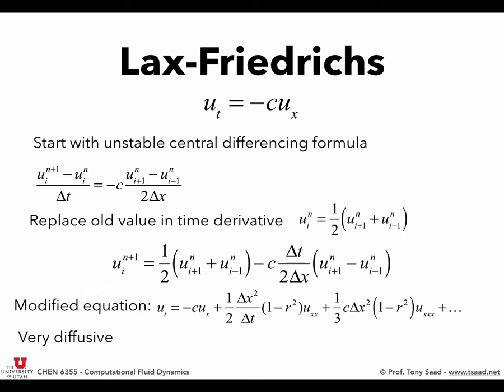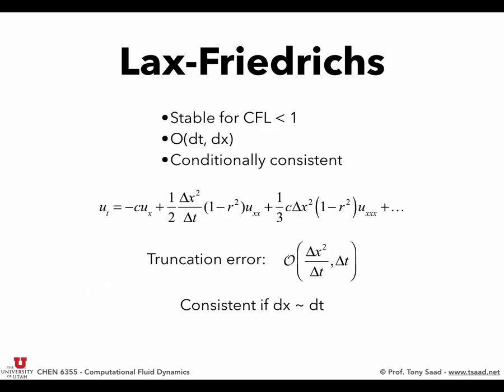The problem with this scheme is, well, it's very diffusive, but it's also conditionally consistent. Because the order of accuracy, remember when we were talking about numerical and truncation errors, this scheme is inconsistent. In other words, it will not return the governing differential equation unless delta t is equal to delta x. So if you pick delta t equal to delta x, then it will become consistent.